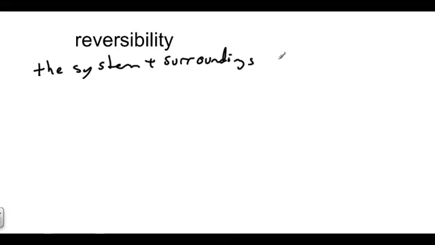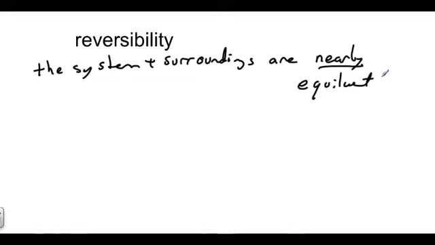So what's a reversible process? Well, there's two definitions we can use. One is we can say it's one where the system and the surroundings are nearly equivalent.